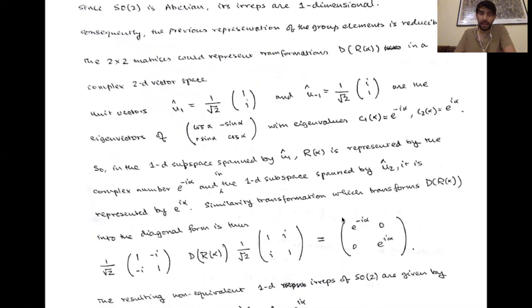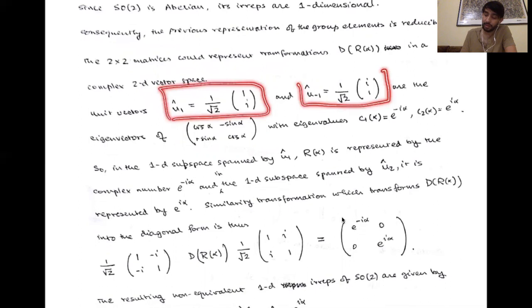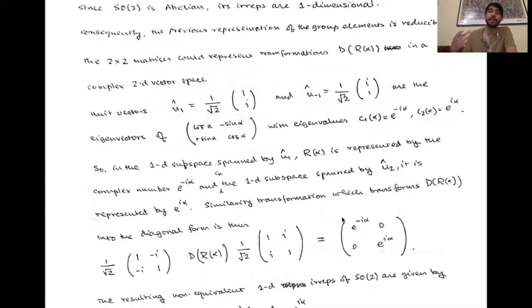If you look at this 2 cross 2 dimensional matrix and find the eigenvectors and eigenvalues of this, you'd find that these are the eigenvectors, and these are the corresponding eigenvalues of these eigenvectors.